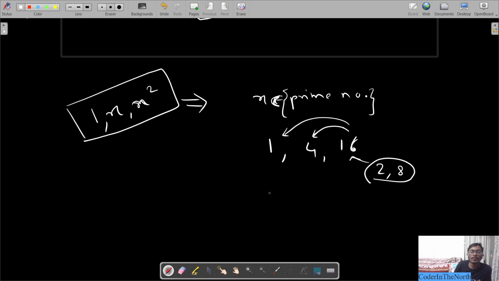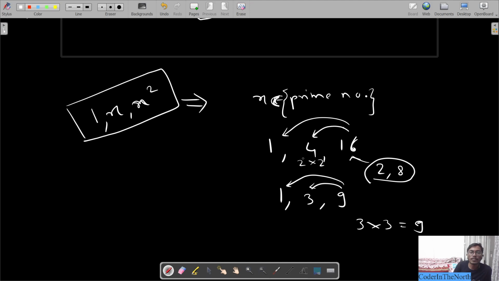But let's take the case of a prime number, 3, and what is 3 square? 9. 9 only has 3 and 1 as divisors, because 3 into 3 is 9. But 4 was already 2 by 2.